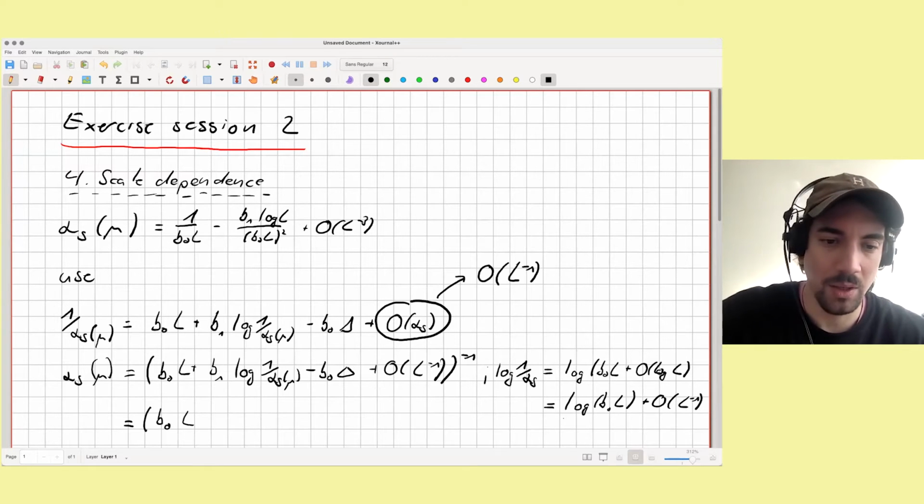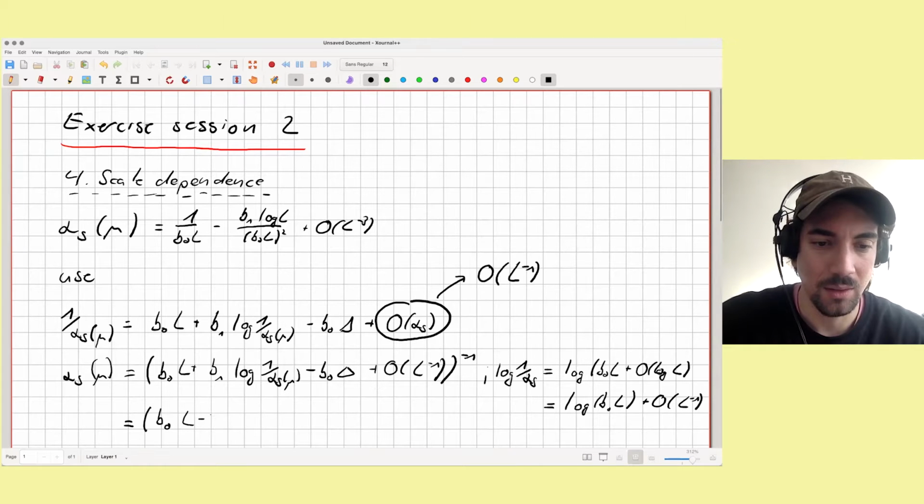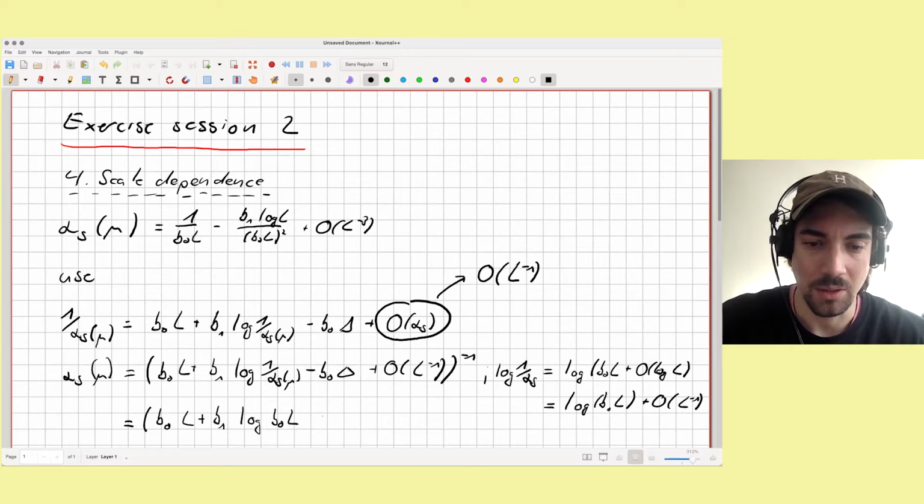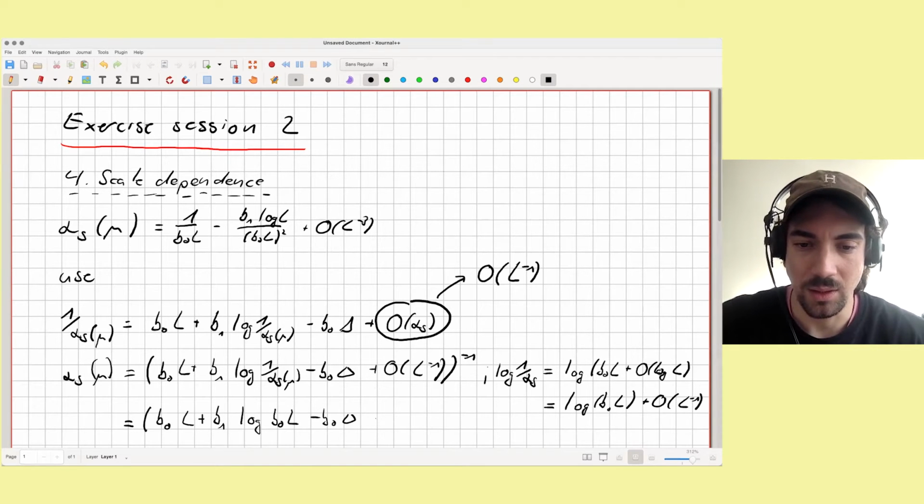And so if we plug this in here, then we get a plus B1 log of B naught L minus B naught delta, and again these higher order terms, which we don't really care about right now.